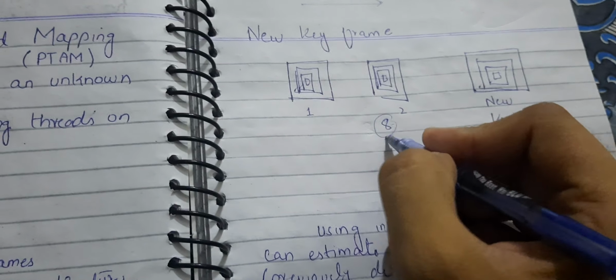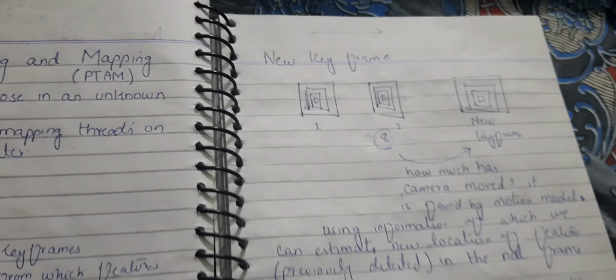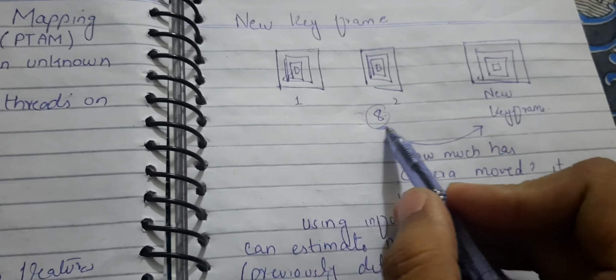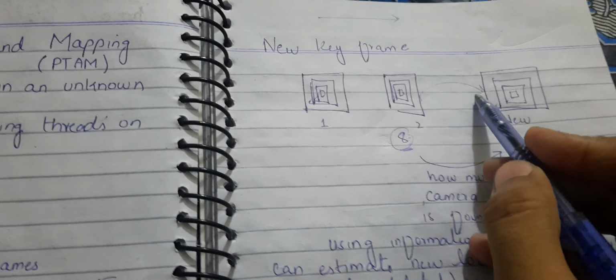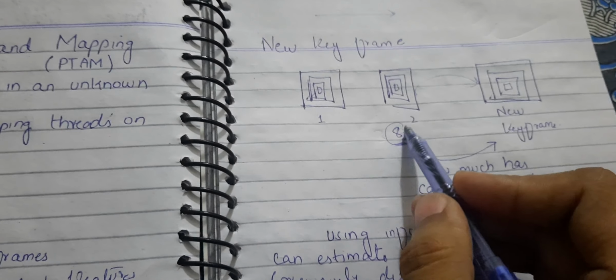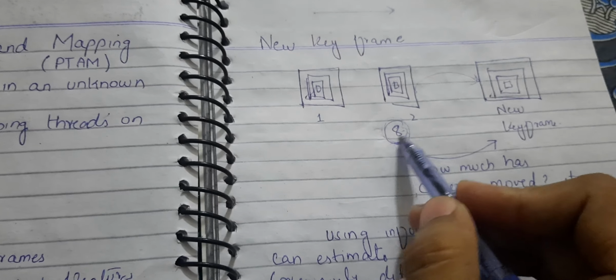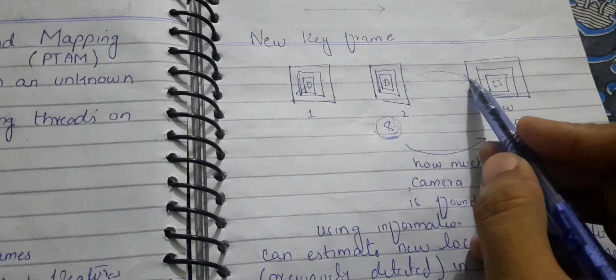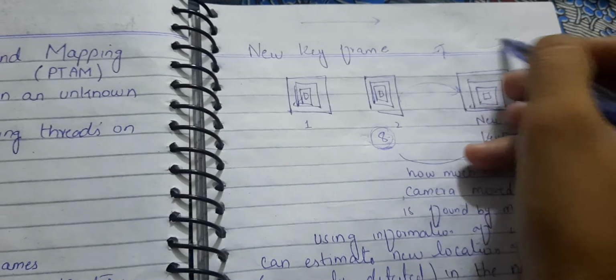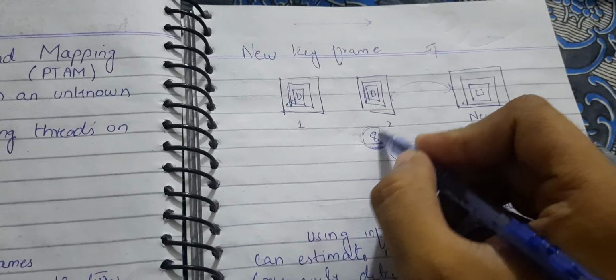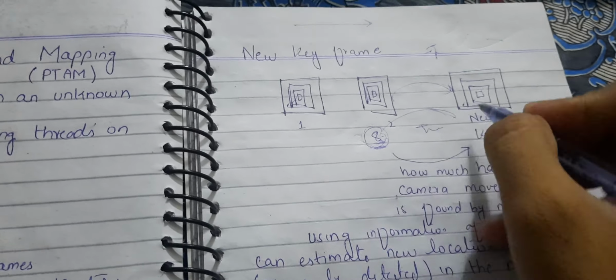I'm doing this only to make sure that you are understanding the concept. So let's say this was your previous estimate, and now you moved a bit. Now what actually happens is this point in the 3D environment will get some translation as well as some rotation.